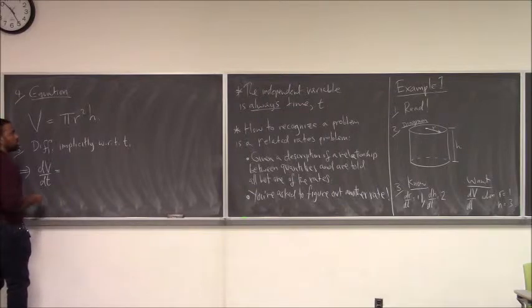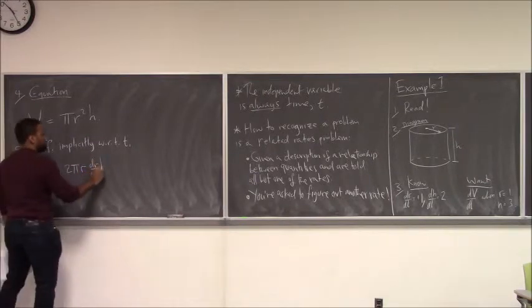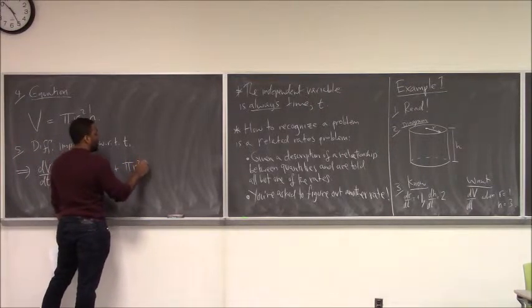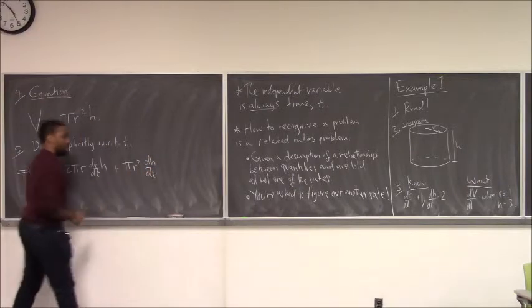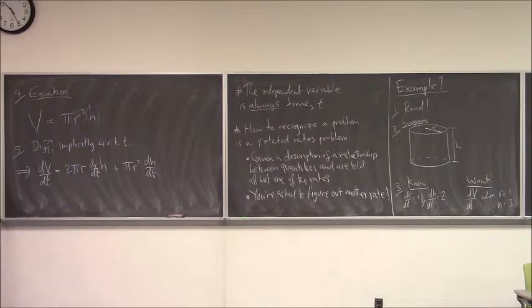It's 2 pi r dr/dt times h, plus pi r squared dh/dt. I just apply the product rule because I have a product of 2 functions here. I have r, which is a function of t, and I have h, which is another function of t. These two are multiplying, so the product rule applies. Differentiate r squared, that's 2r, r prime. Differentiate the h, that's just h prime. And so now I have a relationship with the rates involved.